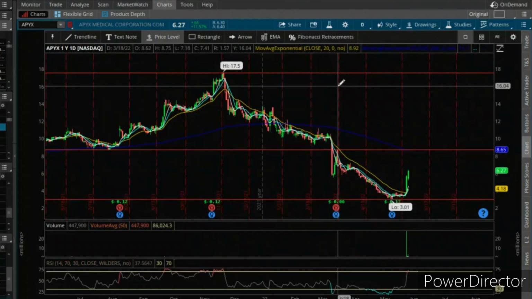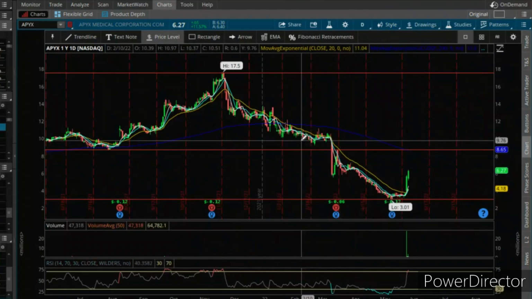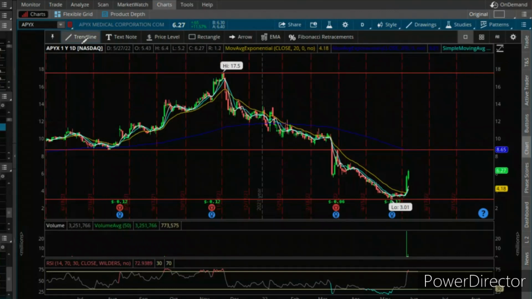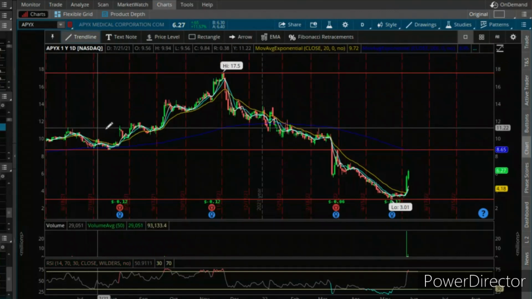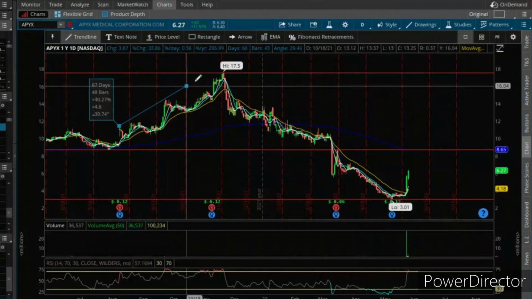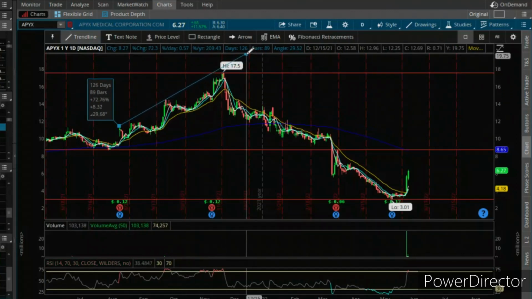Yeah, so let's see on the daily. And when you make your trend line, you remember when I said 1, 2, and through. So if you started here, second one be there, and that's 1, 2, and through.